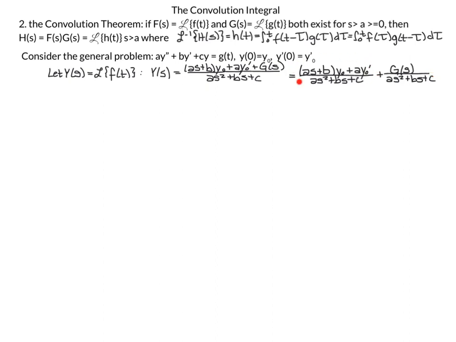To take the inverse Laplace transform of the first term, we can just use the regular linear properties of the Laplace transform. What we are going to look at next is taking the inverse Laplace transform of the second term, G of s over as squared plus bs plus c.